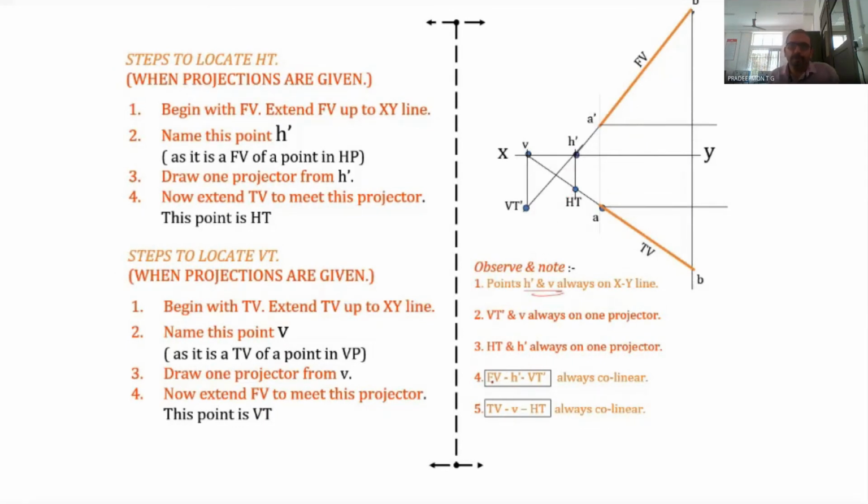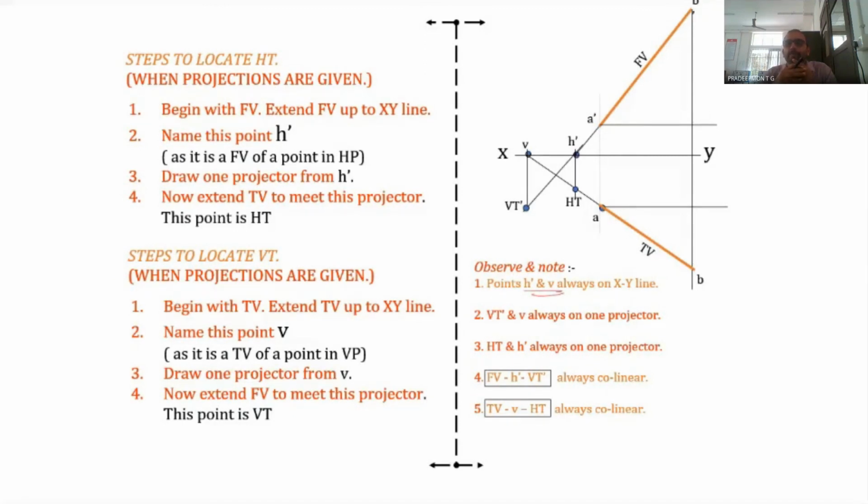Now the front view, H dash and VT dash are always collinear. So see, this is the front view. The front view, H dash and VT are always collinear, that is, in the same line. These three things are always in the same straight line.